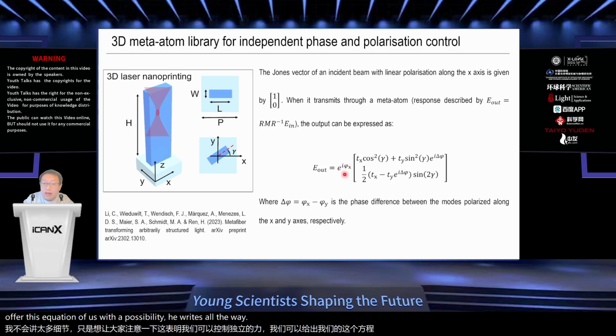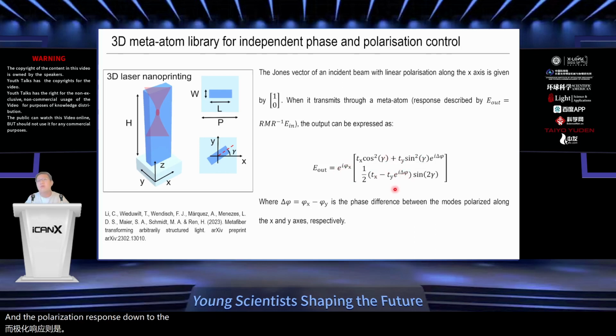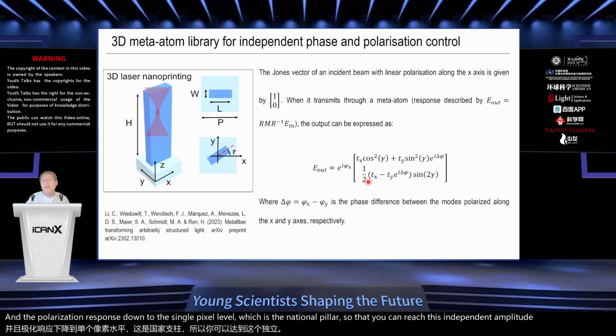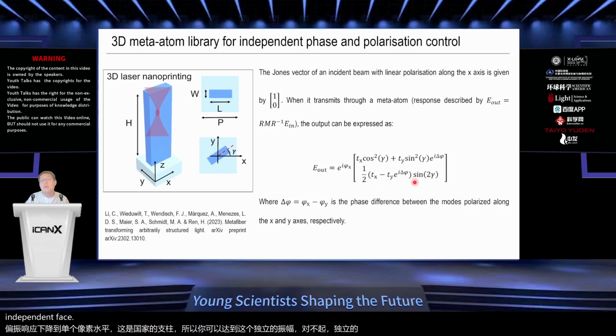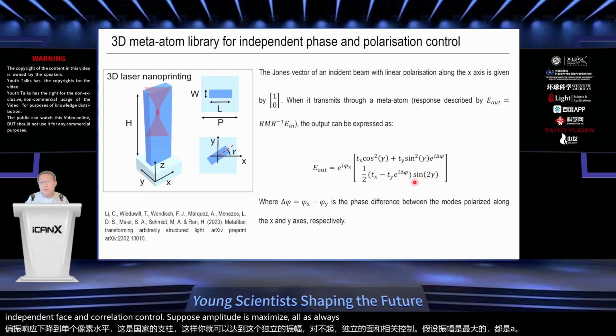So we can control the phase and the polarization response down to the single pixel level, which is the nanopillar, so that you can reach this independent amplitude, and independent phase and polarization control. Suppose amplitude is maximized as always, right?